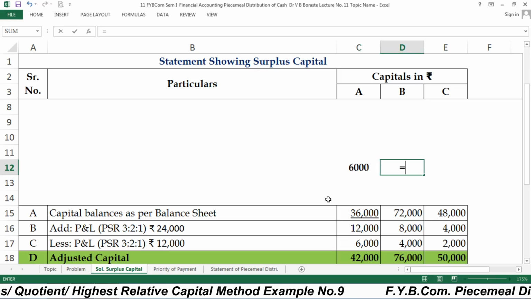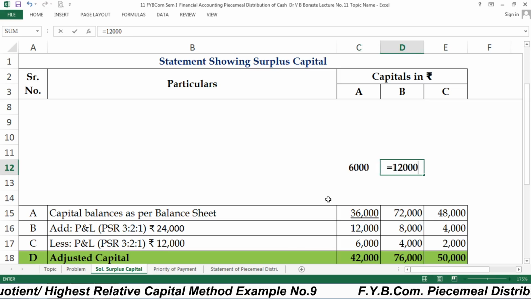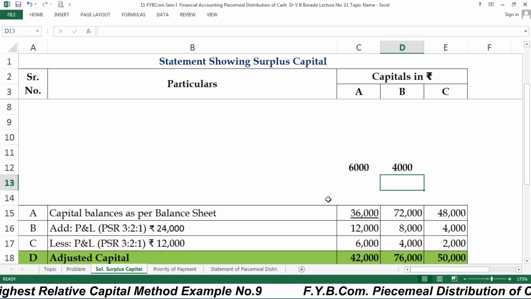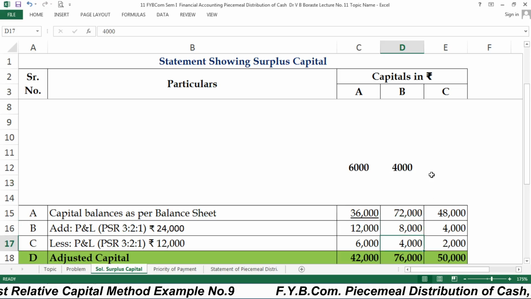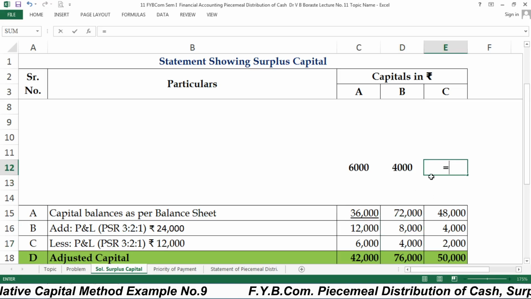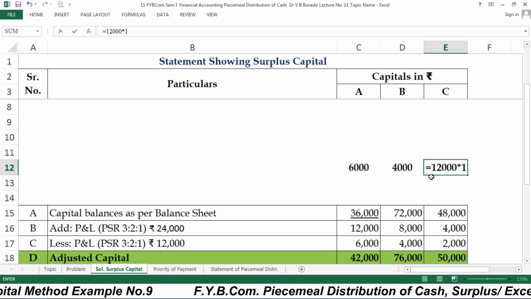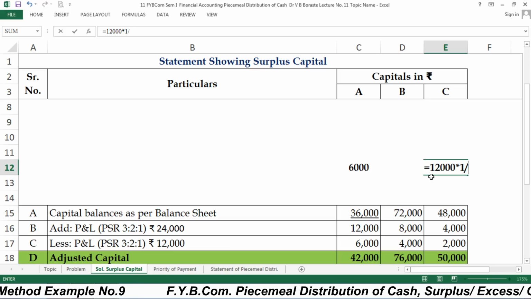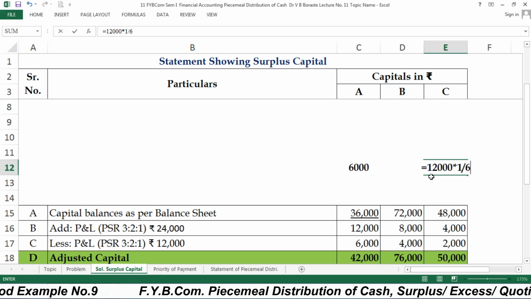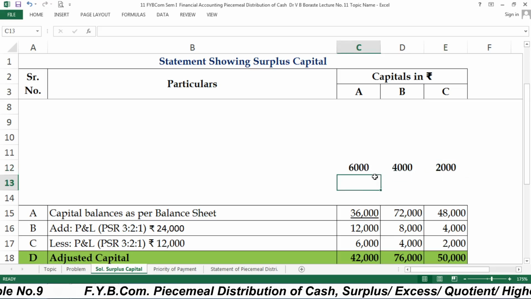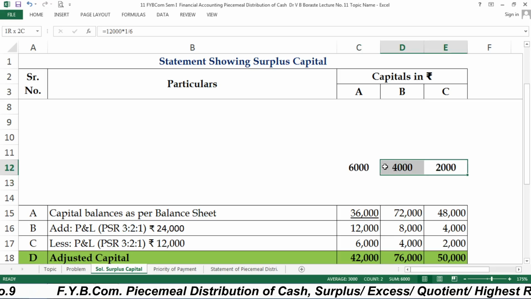In the same way, 12,000 into 2 divided by 6. The amount will be 4,000. And in the same way, in case of C, out of 12,000, we have to give 1 share to Mr. C. That is 12,000 into 1 divided by 6. The answer will be 2,000.